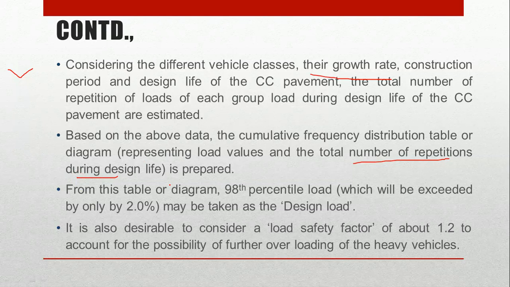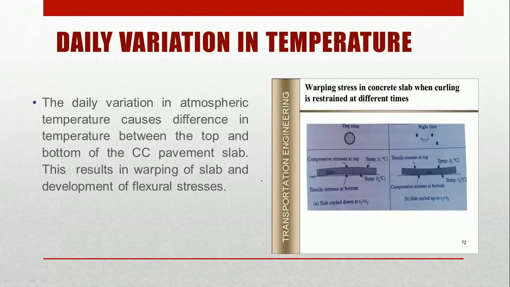So after that we need to consider some load safety factor also. It means for the future traffic, if there is any further increase in the wheel load, in order to consider that also, we need to have some safety factors. So 1.2 is a safety factor usually considered for the designing of CC pavement here.